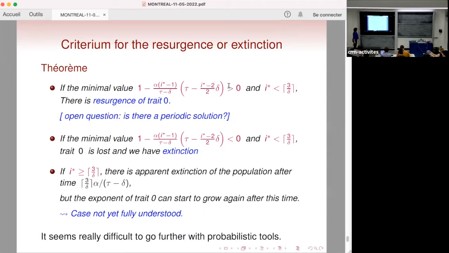But if the growth rate is negative, it seems that there is extinction of the population, but we have seen a simulation where the population re-emerges. So honestly we don't understand this case. So for the moment, from the probabilistic point of view, we are in this situation, and we are not sure to be able to go further with this approach.